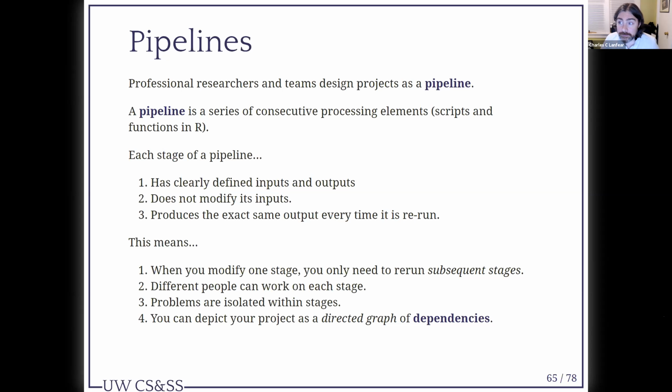So if you have things set up in a pipeline, this means when you modify one stage, you only have to rerun subsequent stages. You rerun that stage and the things that come after it. You don't have to rerun the earlier things. The things later are dependent on that, but the earlier things aren't modified, so you don't have to rerun them. This also means different people can work on each stage of the project and problems will be isolated within one stage, okay?